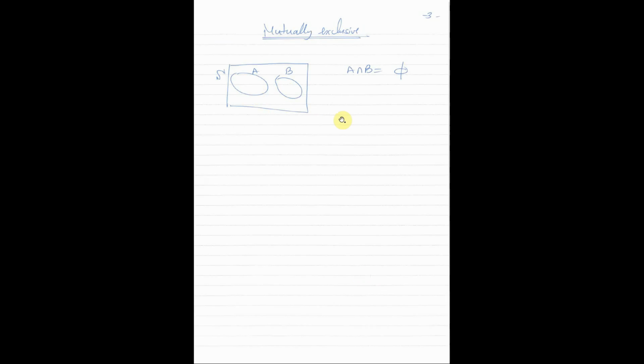This is again my own notes here that illustrate the idea of mutually exclusive. Imagine that we have a random experiment with a sample space S. This big box represents the set of all possible outcomes that we call the sample space. We have two events, A and B, that don't intersect. If you try to get the intersection, there is nothing in common between them.